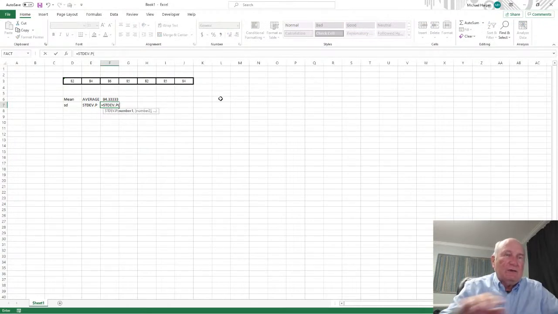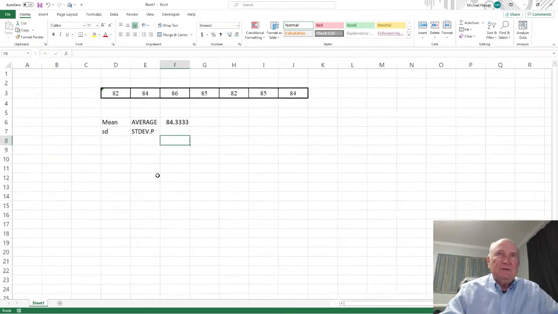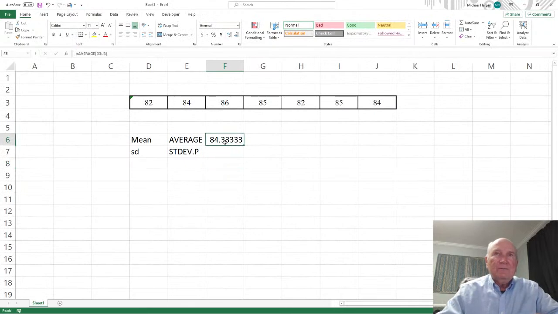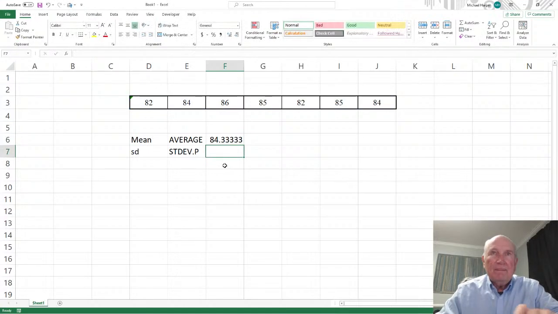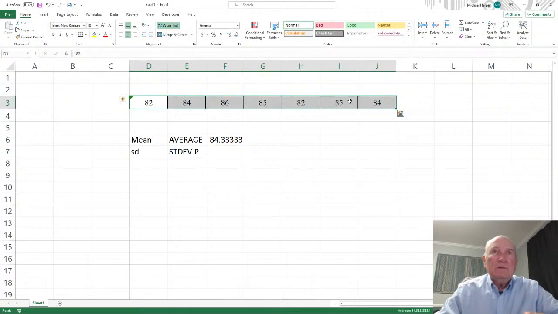P is for population. Let me make this big so you can see it. There we go. That's the average. You see, I took the average of all those numbers. Oh, wait a minute. Let me make sure.